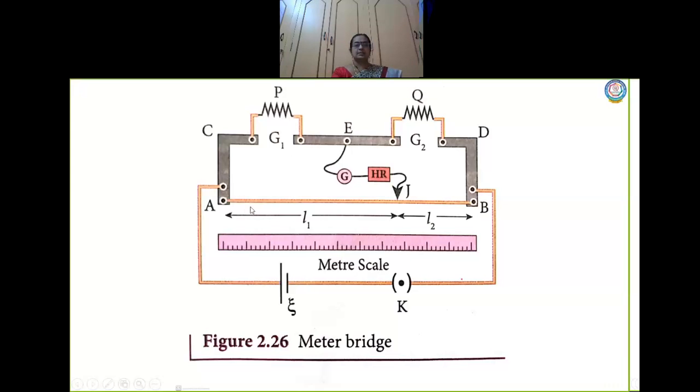This AB is a wire which is made up of manganese or constantan.